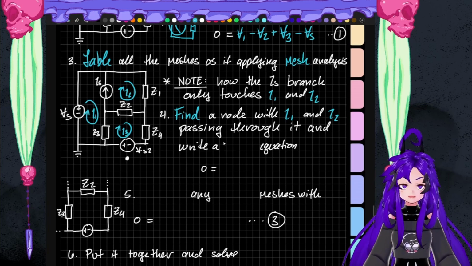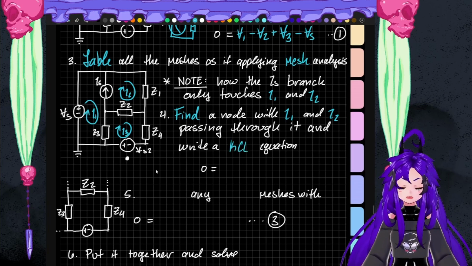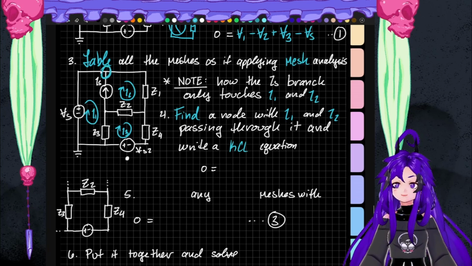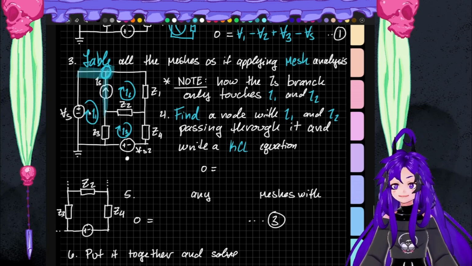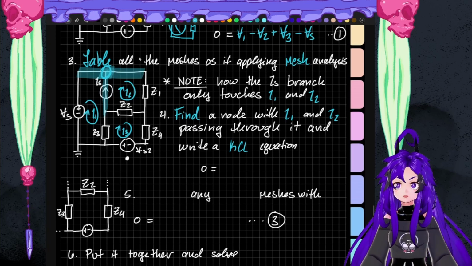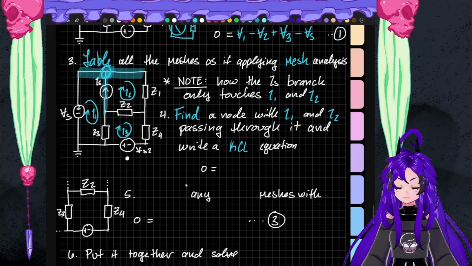And then we're going to write a KCL equation for it. I'm going to choose this node here. It touches our source, which we need, and it relates I1 to I2, which is what we need.